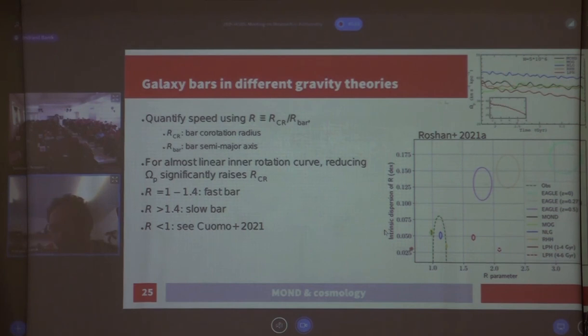That means that you expect the R parameter to be about 1 with a modest amount of intrinsic dispersion. That's based on an N-body simulation of a galaxy similar to the Milky Way or Andromeda. Observationally, it's in this region. So it is not simply an intuition, but also based on N-body simulations that have been published last year, that we would expect fast bars in MOND.